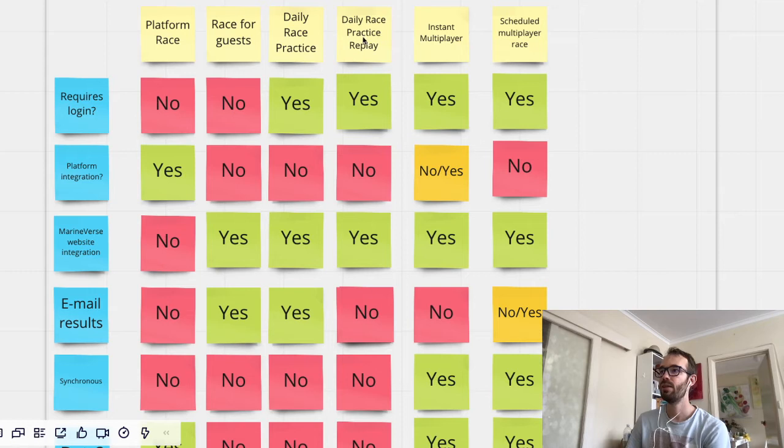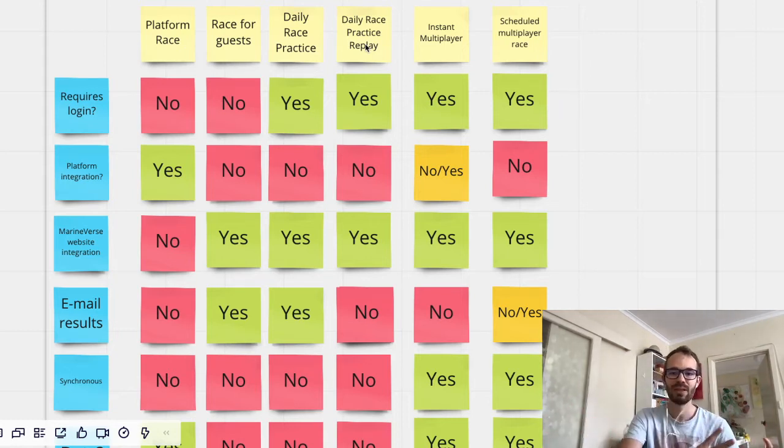And essentially, daily race practice replay are those races from previous time periods, like from yesterday, the day before, 2 days before. And the difference between those two modes is that in the daily race practice replay, you get to sail in that race, but you are no longer getting to submit your race entry because you missed the time window.